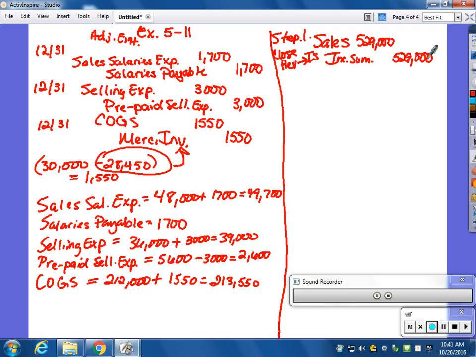Prepaid salary is an asset. Anything prepaid is an asset. Cost of goods sold, sales discounts, and sales returns and allowances. Those are your expenses.